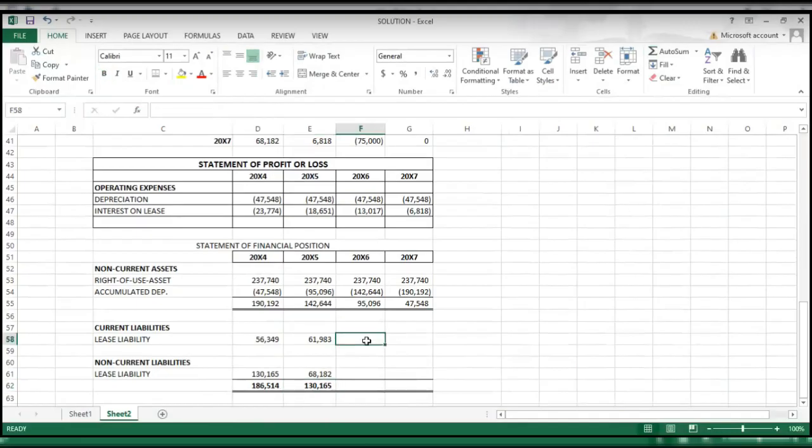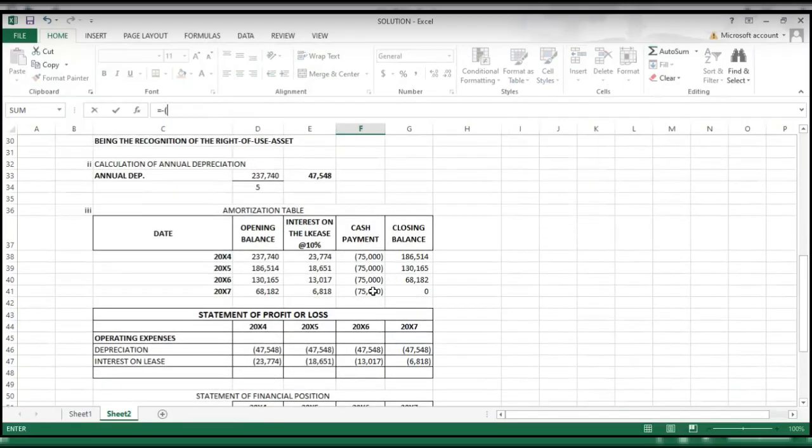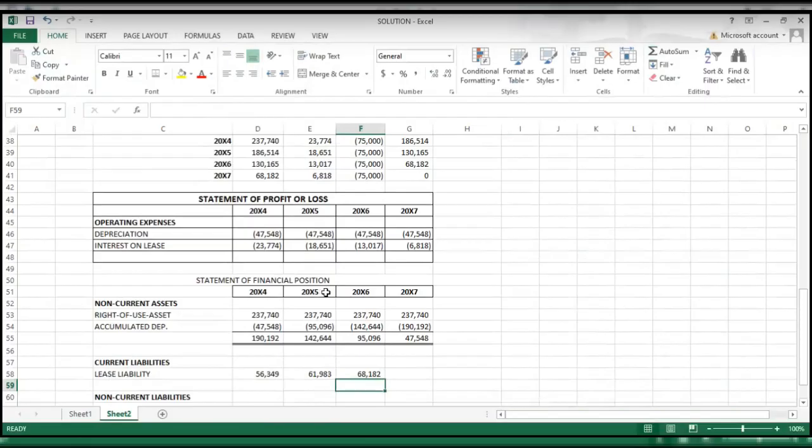So we come here also. The amount payable in 1 year's time is 75,000, which is the last payment, minus the interest element in that 75,000, and we arrive at the current liability at the end of 20X6.